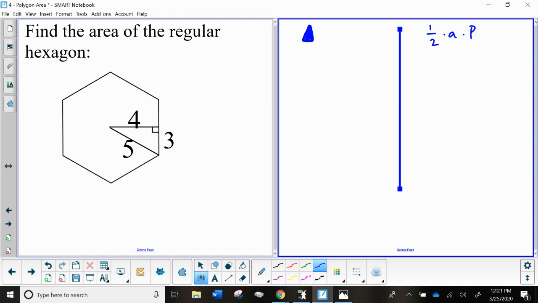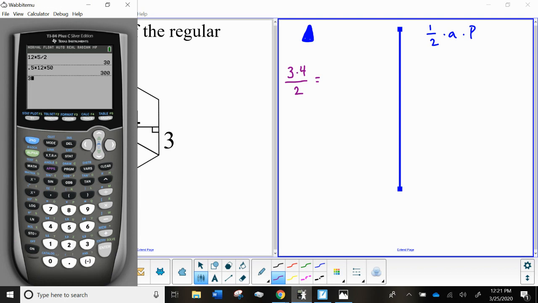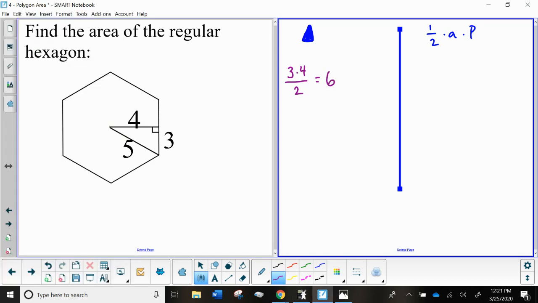Or you could do both and make sure that they both get you the same answer to double check your work. So that triangle base is 3 times a height of 4 divided by 2. Each triangle is 6.